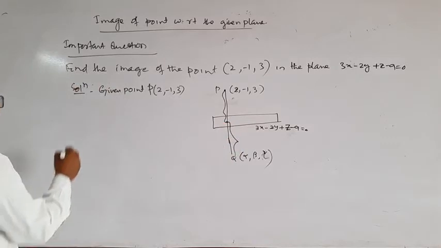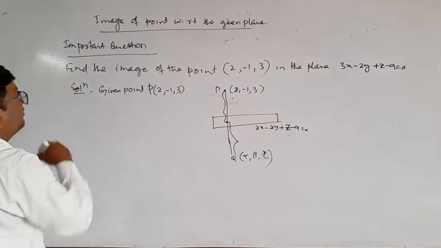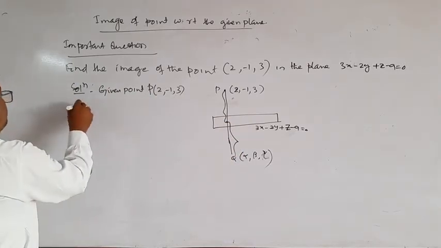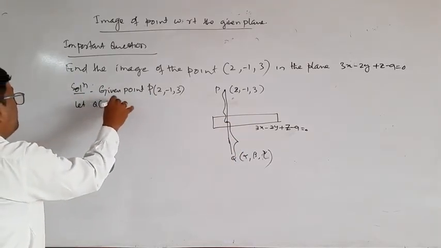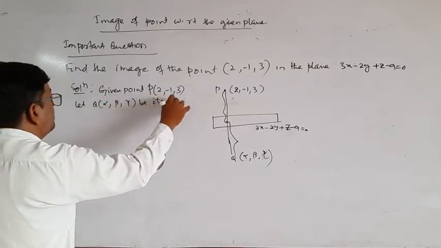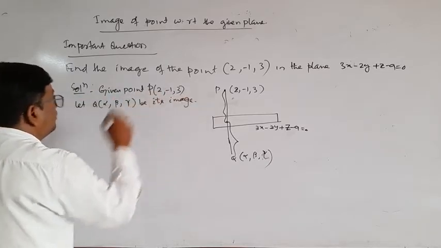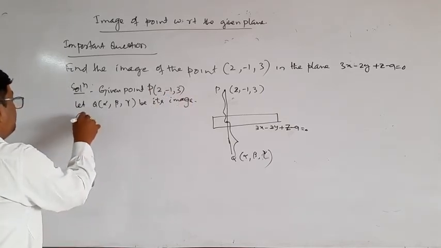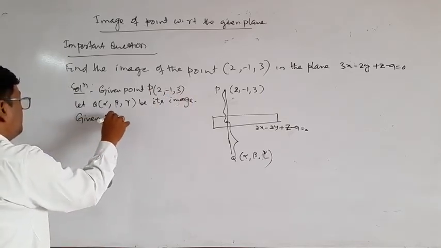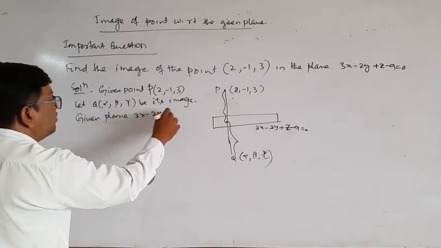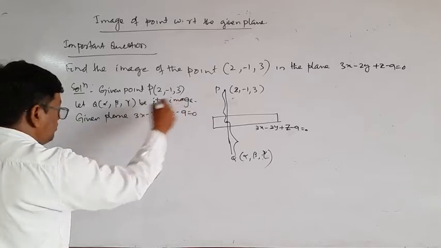Now, for the given plane, let the given point P (2, minus 1, 3) have Q (alpha, beta, gamma) as its image. The given plane is 3x minus 2y plus z minus 9 is equal to 0.